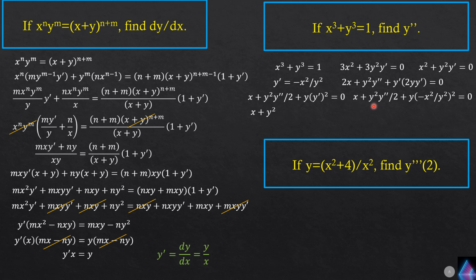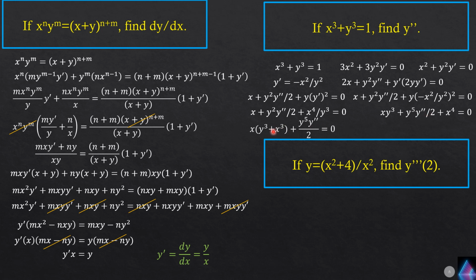So x plus y squared y double prime over 2, then plus x to the fourth over y cubed equals 0. Multiply everything by y cubed, so we have x y cubed plus y to the fifth y double prime over 2 plus x to the fourth equals 0. Then for the first and last terms, x is common, so we write this as x (y cubed plus x cubed) plus y to the fifth y double prime over 2 equals 0.